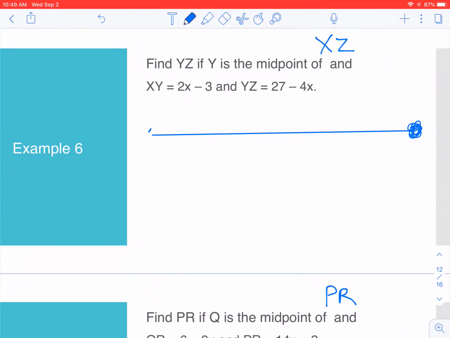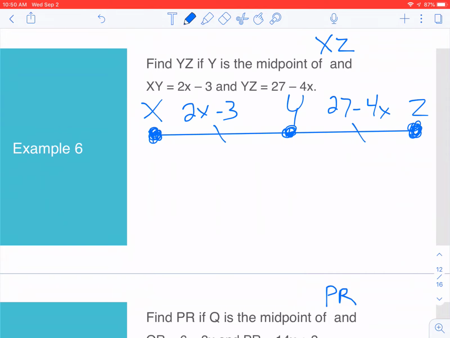So there are my points. Here is Y, and I need to mark them congruent. It'll help me out here. So XY is 2x minus 3. YZ is 27 minus 4x.